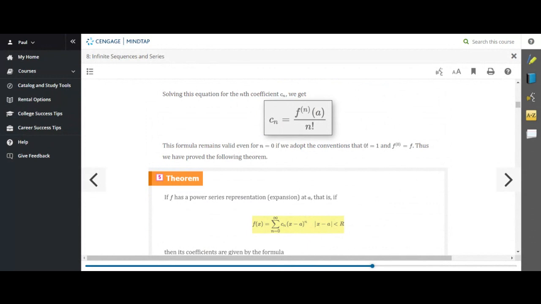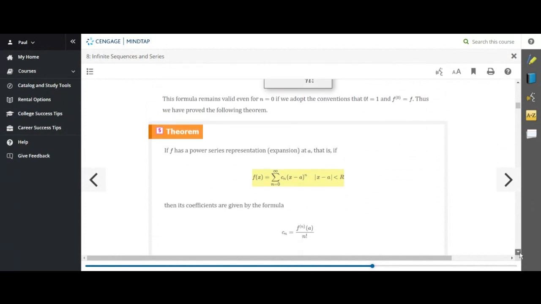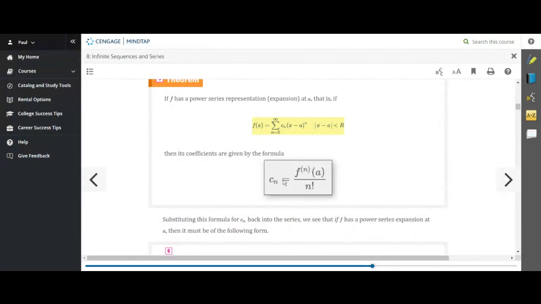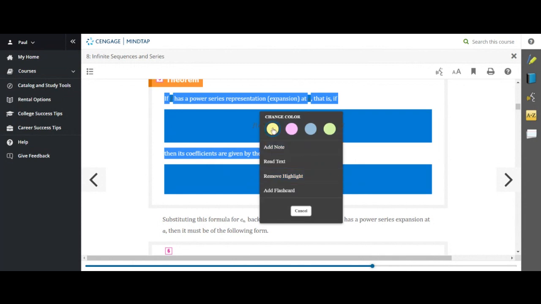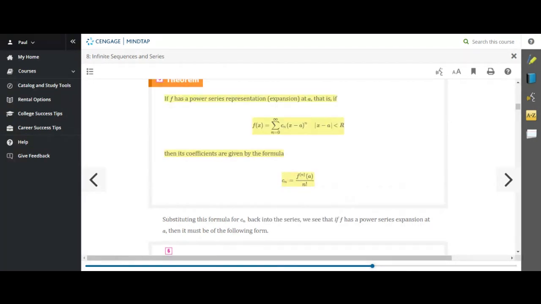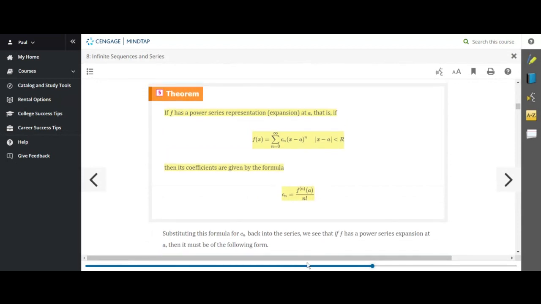So now this makes sense. It's actually so beautiful, this result. Now we have this theorem that says if your function has a power series representation at x equals a, in other words, if the function can be written as a power series, then the coefficients are given by that formula below.